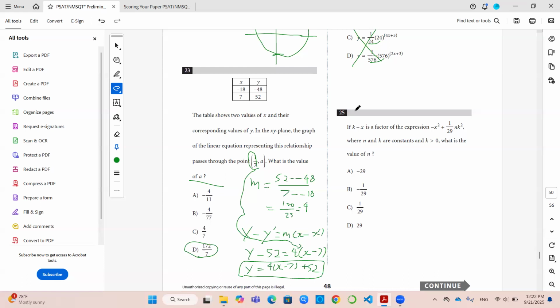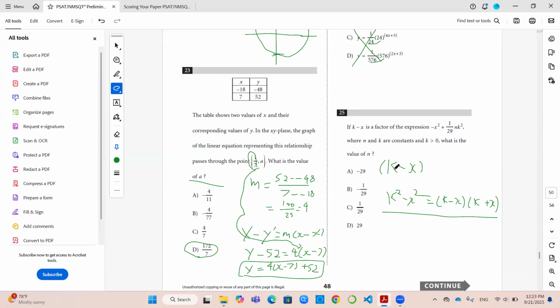Okay, so ideally, since we have k minus x factored out, and notice like this formula here, I want to create something like this.